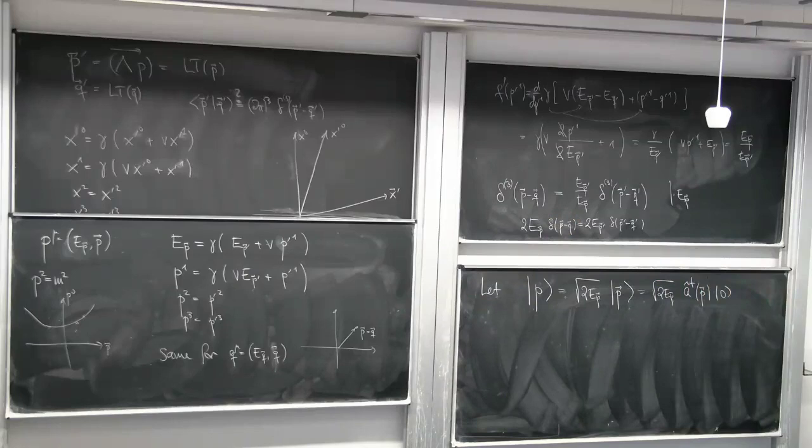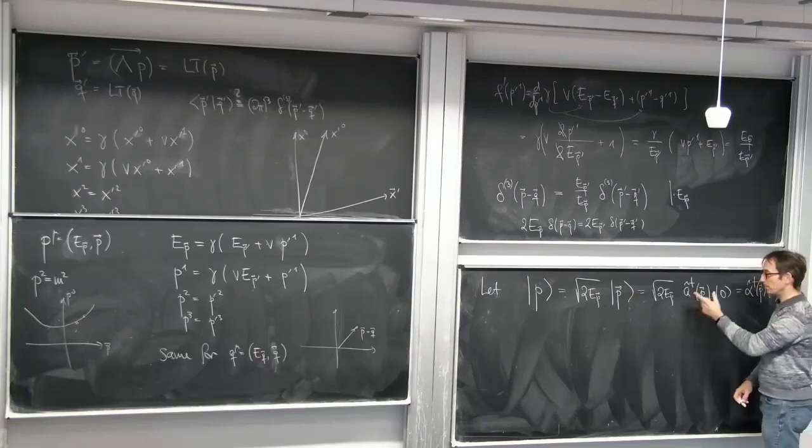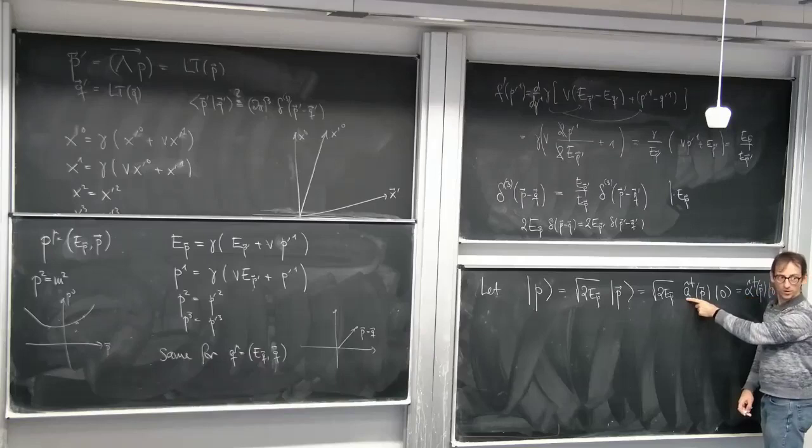What is most hilarious is that this is the same as we had last time, calling it alpha. So we first had these alphas because it was easy to define them. Then we weren't happy because they were not the normal number operators. So then we divided them by square root of 2 E_p to get these A's. Then we were happy that they are real number operators.